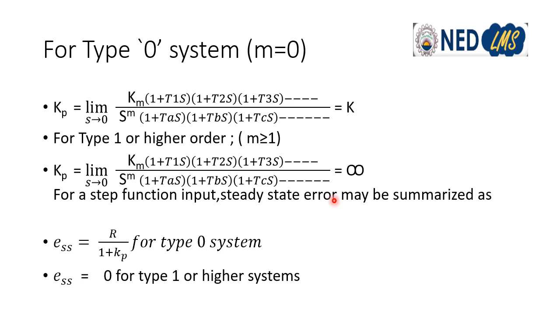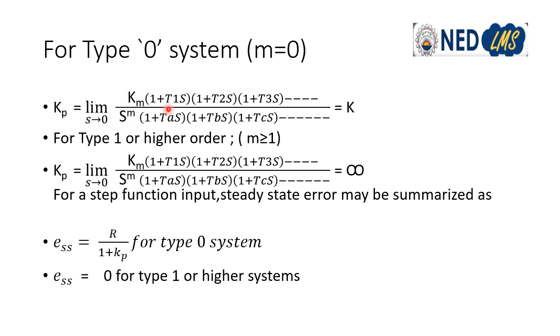Now let us define this steady state error for different types of systems. We know that for a type 0 system we have m equals 0. So if m equals 0, it is K upon s raised to the power 0, which is 1. So K upon 1. We have also put a 1 here. These factors which are multiplying in the numerator and denominator will be equal to 1, because each factor will be equal to 1 if we apply the limit.